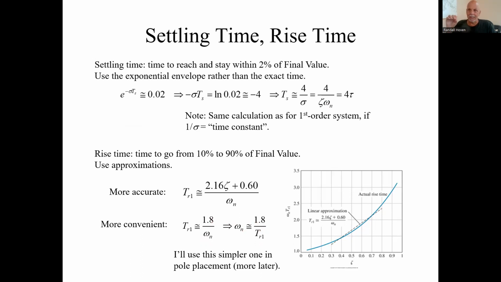Omega sub n is the distance from the origin in the complex plane. So this gives me a circle in the complex plane, a semicircle in the left half of the plane, so we'll use this formula when we do graphs of where we want the poles to be. And we'll use this formula for almost every other case.